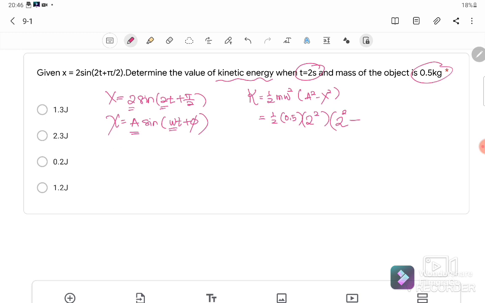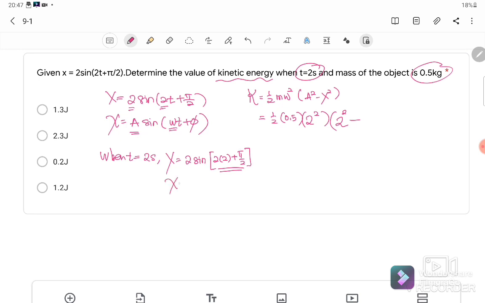So we substitute into the equation where when t equals 2 seconds, x is equal to 2 sine (2 times 2 plus pi over 2). Okay, so remember here we must change it into radian mode.